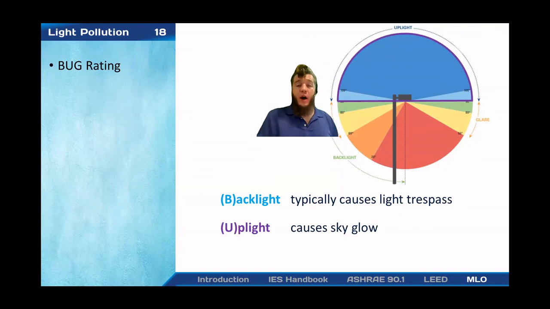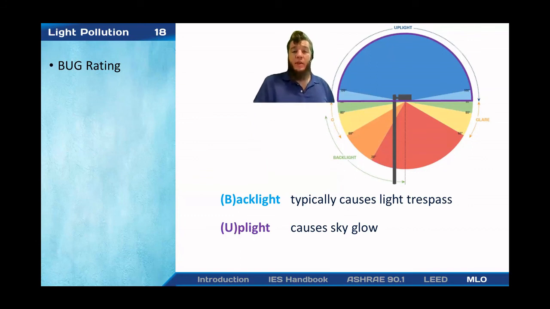And the next part is uplight, and this is again the more conventional concept of light pollution: the component of the light that is just escaping directly into the sky. This is one of the easiest to fix aspects of light pollution, and also one of the most problematic.